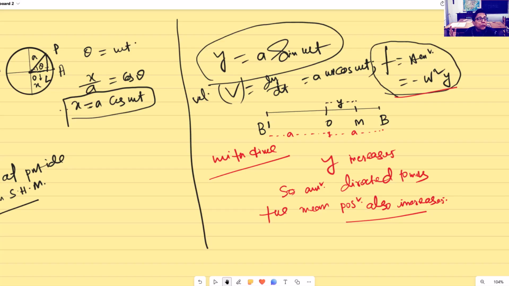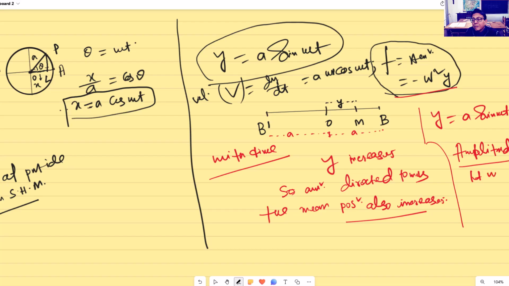It cannot go beyond B because on the circle we are considering projection, it cannot go beyond B. So in the equation of SHM, y equal to A sin omega t, y stands for what? Displacement of the particle. A stands for what? Maximum displacement. This is called amplitude. So we write this one first. Amplitude is A.